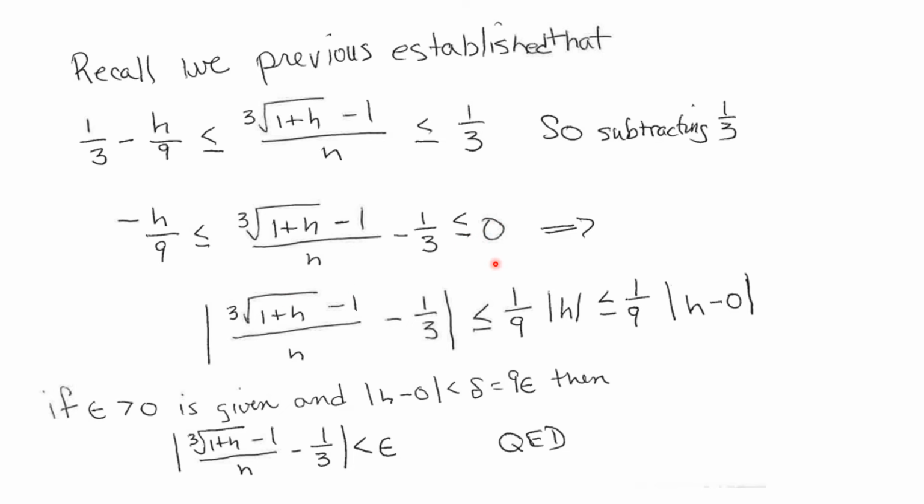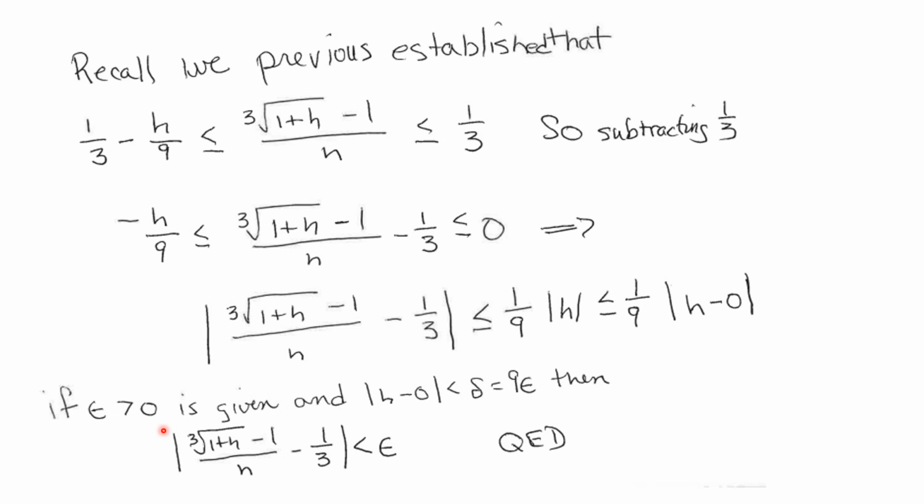Now, if you think about that for a while, and you could have h being positive or negative going there, that forces you to conclude that the absolute value of this expression, the cube root of 1 plus h minus 1 over h minus 1/3, is less than or equal to the absolute value of 1 over 9 times the absolute value of h, which is the same thing as 1 over 9 times h minus 0.